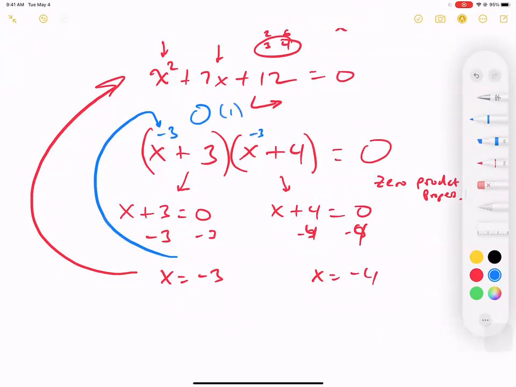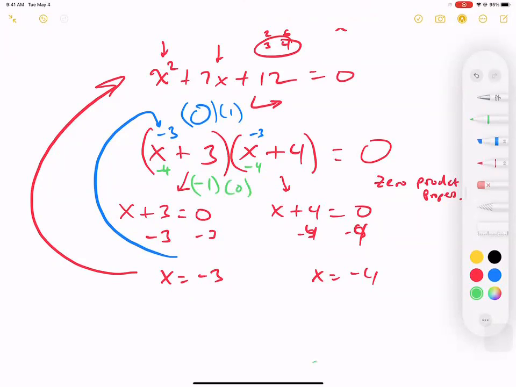Isn't 1 times 0, or 0 times 1, 0? That worked for us. If I plugged in negative 4, well, negative 4 plus 3 is negative 1. And negative 4 plus 4 on the right here is 0. Isn't negative 1 times 0 still 0?